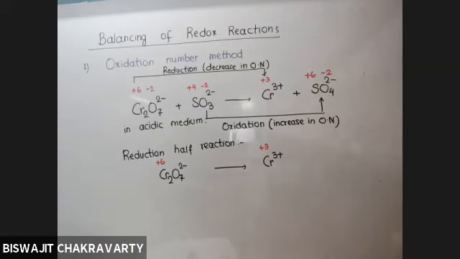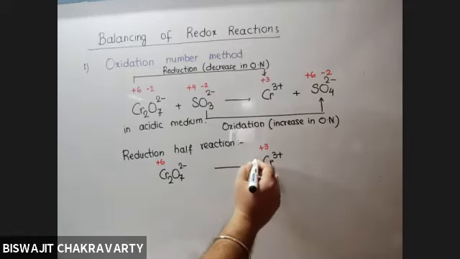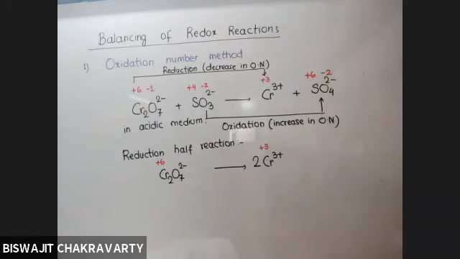Now here, the number of chromium atoms on the left hand side is how many? 2. And on the right hand side it is only 1, or not? Yes, sir. So we need to first balance the chromium atoms, and I put 2 here. Understood? Yes, sir. Now this is the value which is calculated for 1 chromium, not for 2 chromium.